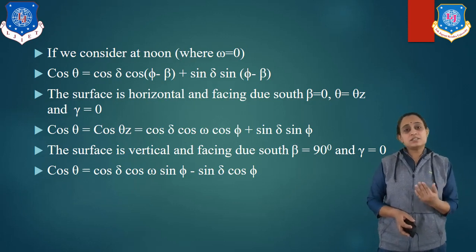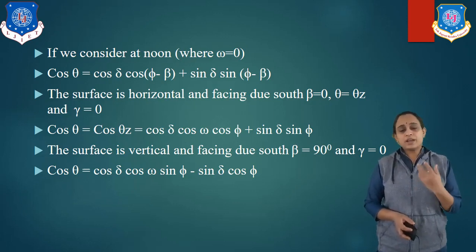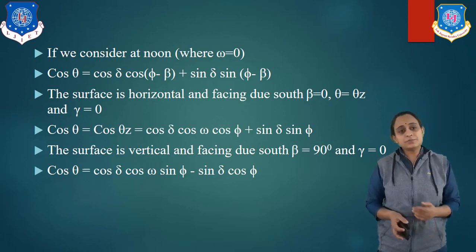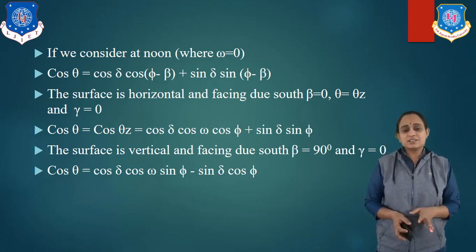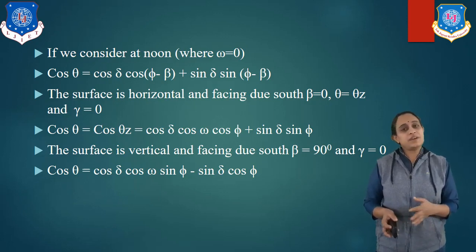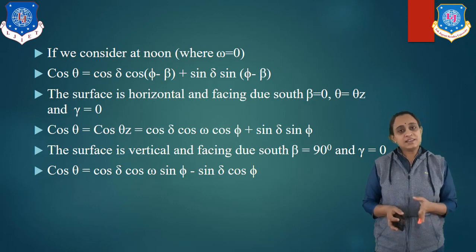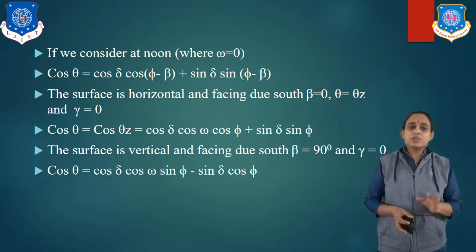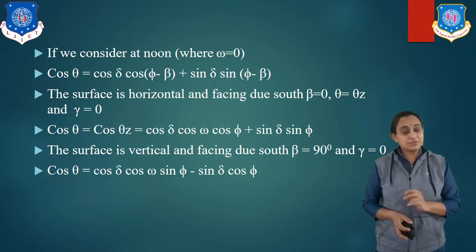Then our equation becomes cos theta equals cos delta cos of phi minus beta plus sin delta sin of phi minus beta. For this solution, you have to solve it by yourself.